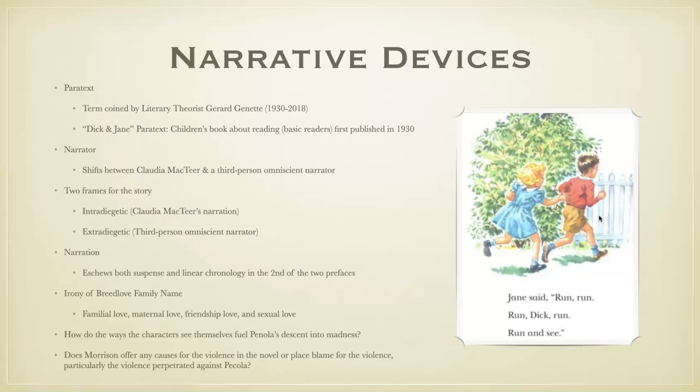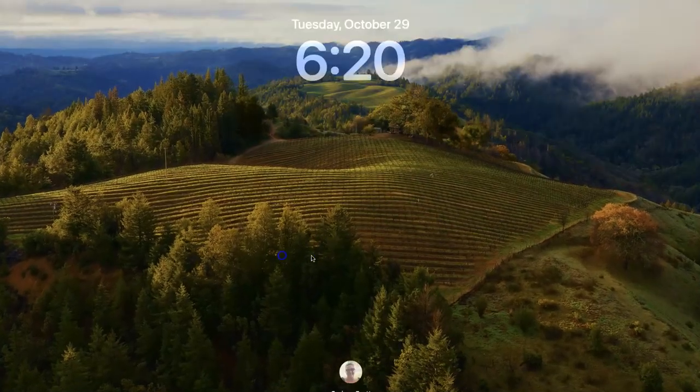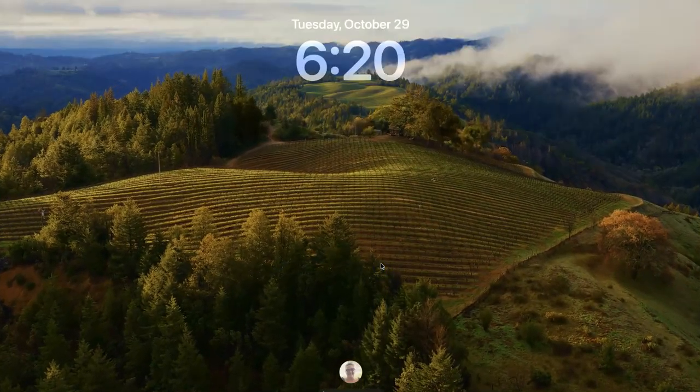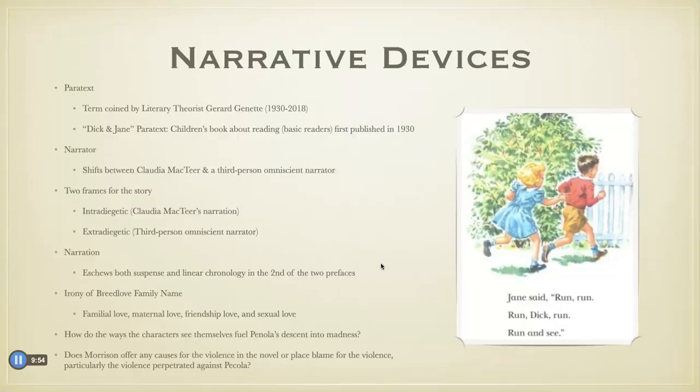When we have the extradiegetic, the third person omniscient narrator, then we've got anything to do with the outside world. You might think about it like when you're watching a film and you have a voiceover or a superimposed caption. So we've got these frames.